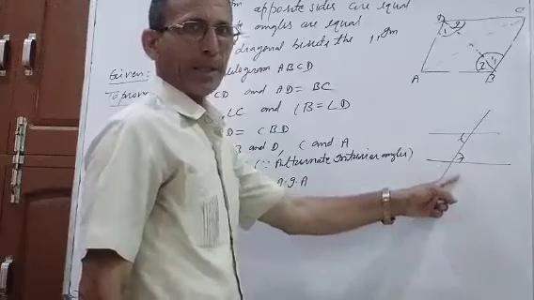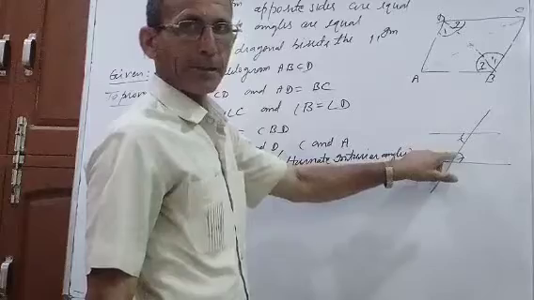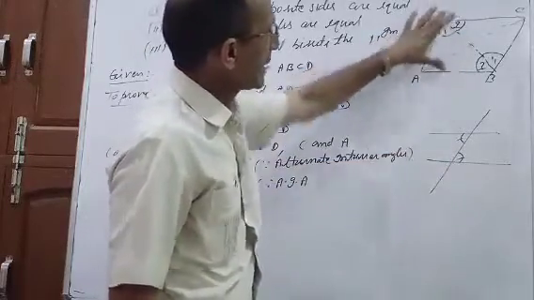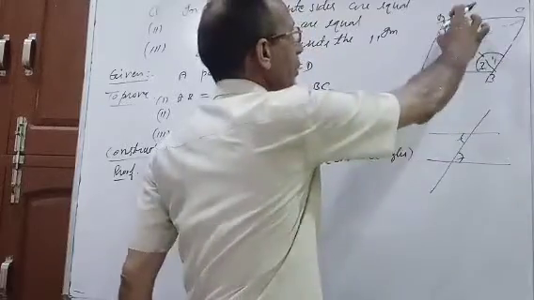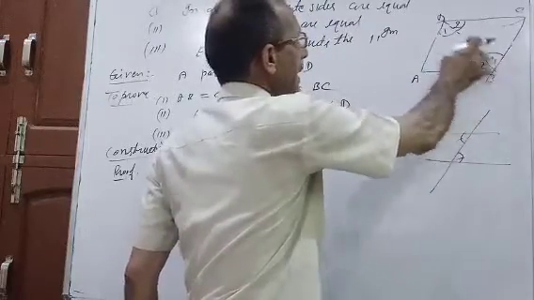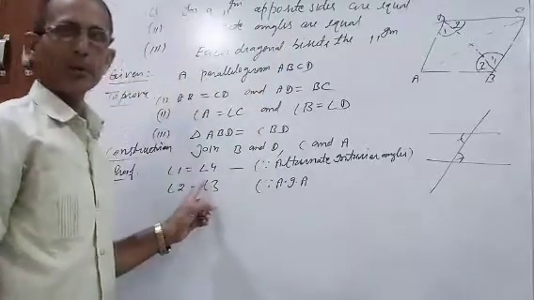I hope you are watching the video properly and trying to understand this concept. Because AB is parallel to CD and this is the transversal, angle 2 is equal to angle 3 and angle 1 is equal to angle 4, alternate interior angles. You have to give the reason.